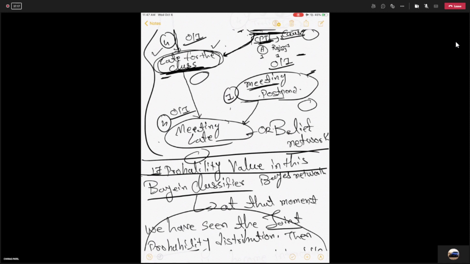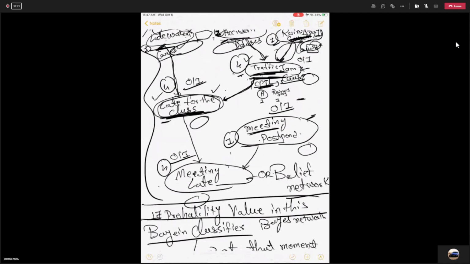Over here, if you increase the number of edges, you're making your Bayesian network complex. Please understand it. It's not that if I create many links I will have a great Bayesian network or belief network. You're honestly making your system complex.